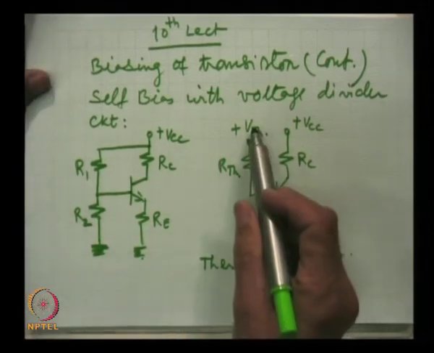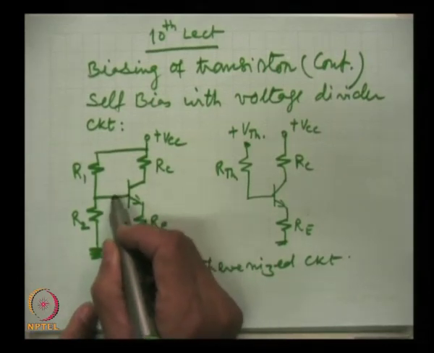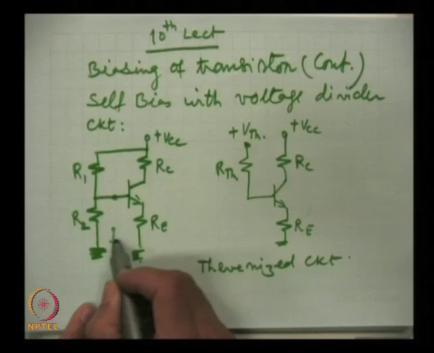Now, what is the Thevenized voltage? It is the voltage observed between this point and the ground.